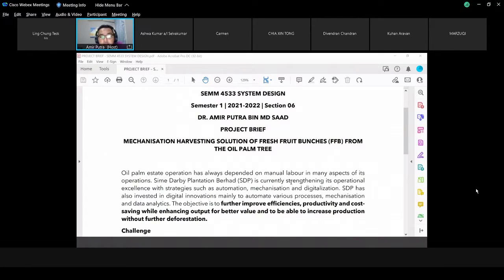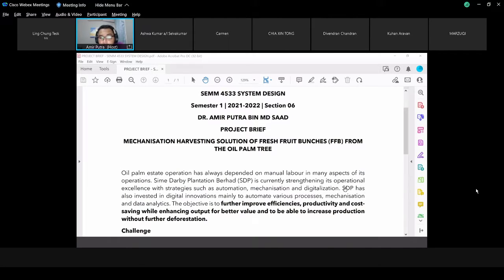For your own information as well, currently in the R&D department they are also researching and developing the autonomous concept. Right, that's why they go for this automation. But for this system design class, we only focus on the mechanization harvesting solution, right?